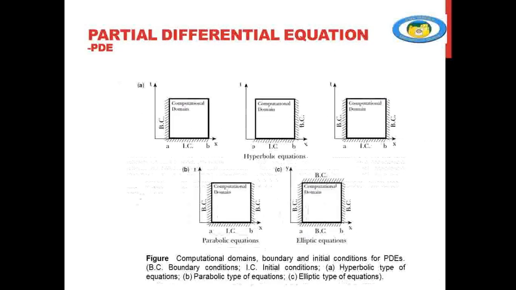So case A and case B would tell you the computational domain for supercritical flow, whereas the third case would tell you the computational domain for subcritical flow, basically.